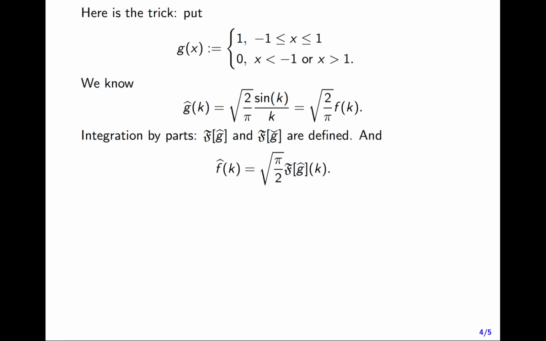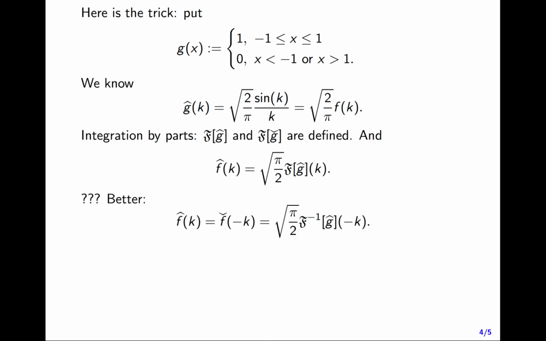So I flipped around this root 2 over pi and got the root pi over 2, and then I took the Fourier transform on f, and so that means I'm doing a double Fourier transform on g. Well, that's not so great, because what's the Fourier transform of g hat? I don't know. But I could also write f hat of k is f check of minus k by my inverse Fourier transform identity. And that's going to be root pi over 2 inverse Fourier transform on g hat evaluated at minus k.